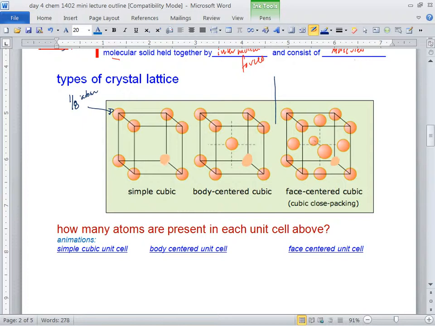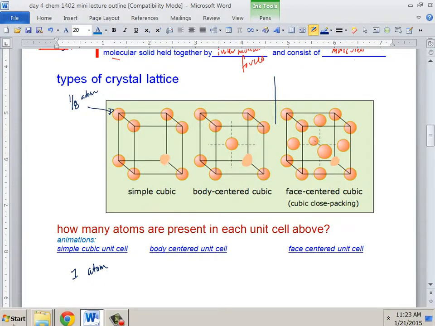How many atoms would be in this unit cell essentially contained if you add up all the parts? 1/8 at each corner. You've got 8 corners, so 1/8 plus 1/8 plus 1/8 plus 1/8, 8 times. That would just be 1. So you have 1 atom. So that's what you need to remember. You have 1 atom.